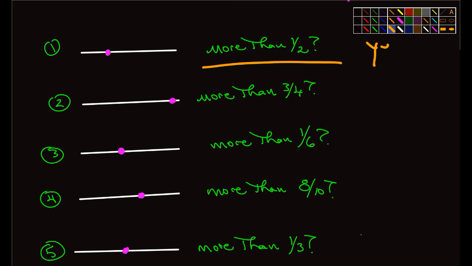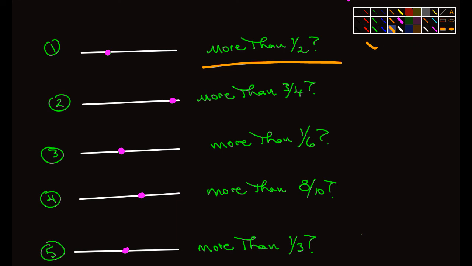Yes or no? Which is it? Is it more? So this is the dot I'm talking about on this line. Is that representing more than 1/2 where it is on that line? Okay. So just write yes or no for number 1.